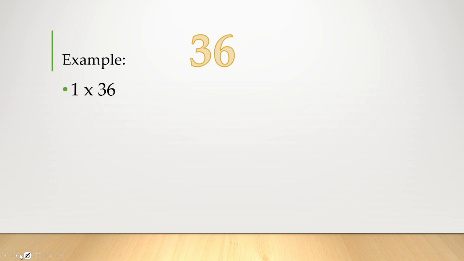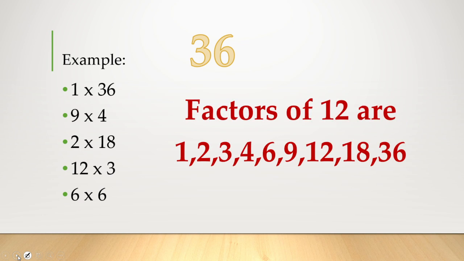36. So, what are the factors of 36? Siyempre, obviously, it would be 1 and 36. 9 and 4. 9 times 4 is 36. 2 times 18. 12 times 3. And 6 times 6. So, the factors of 36 are 1, 2, 3, 4, 6. You notice 6 ay isa lang because they are the same number.